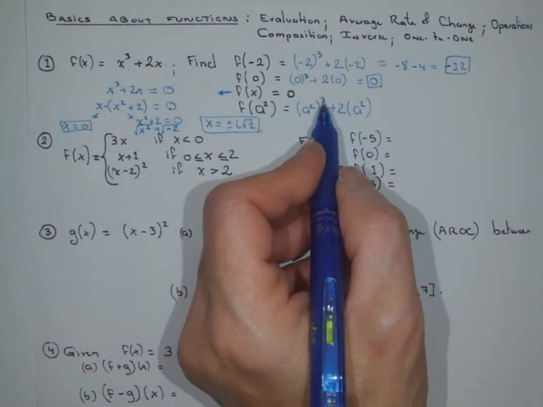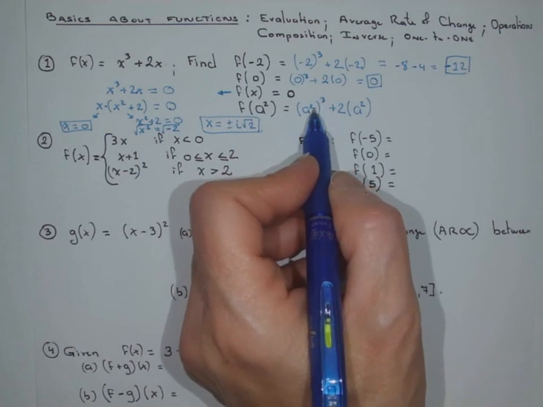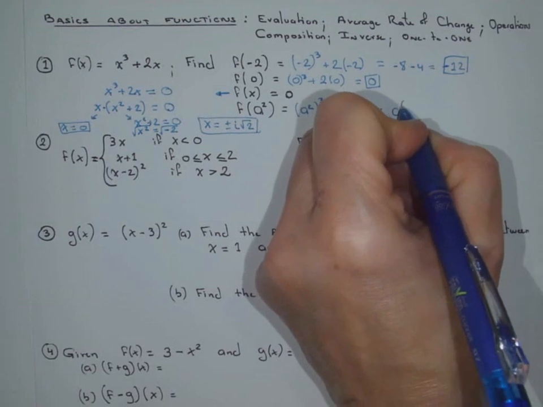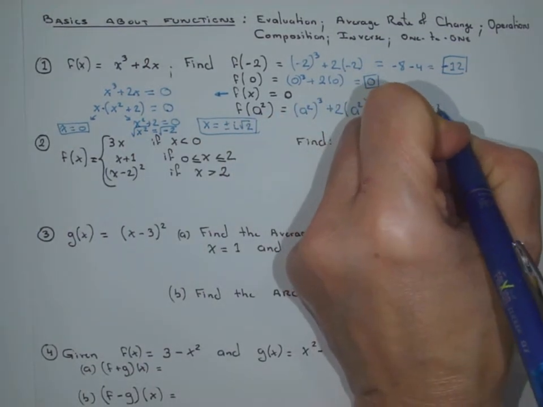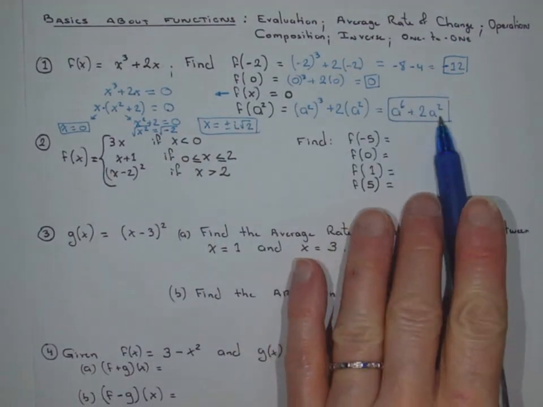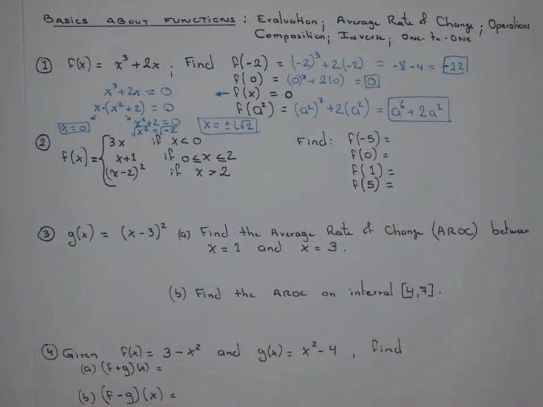Well, when you have an exponent to an exponent, that's a good review of laws of exponents. A power to a power, we multiply them, so that will be 2 times 3 is 6, so that's a to the 6th, and then plus 2a squared. And that's as far as you can go. You cannot combine those two terms because this is a 6th power, this is a 2nd power, so they're not the same. We can't combine them, so that will be it.